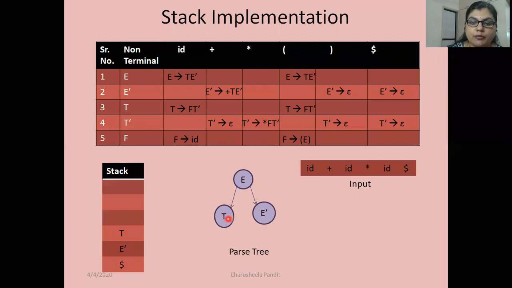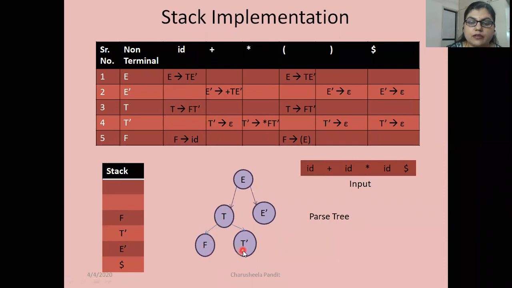Again, we'll take the help of the parsing table to check to what alternative this T will get expanded. So we'll see the T row and ID column. Here you can see T gets expanded to FT'.